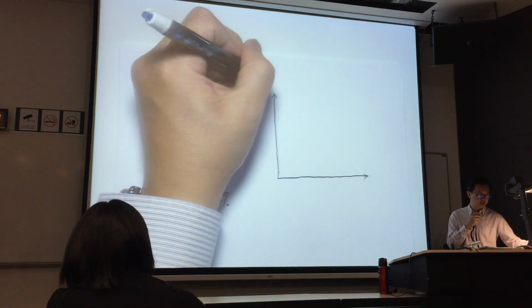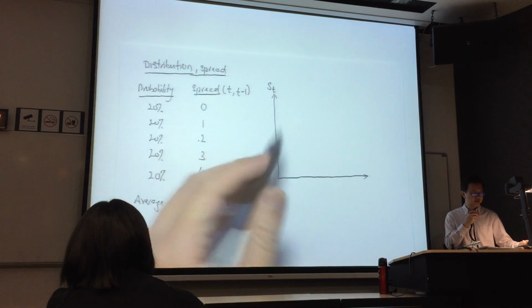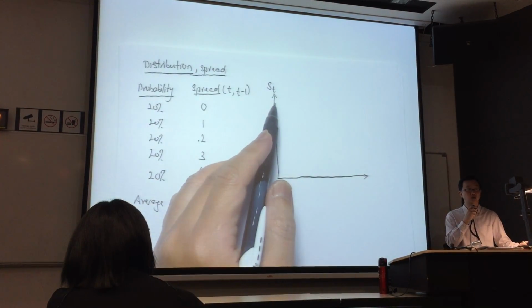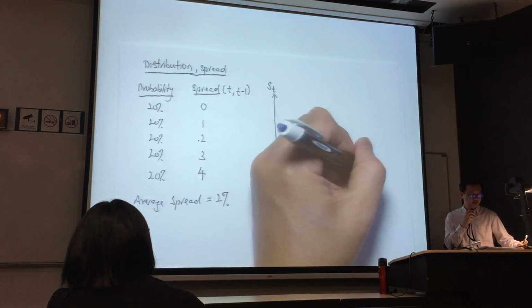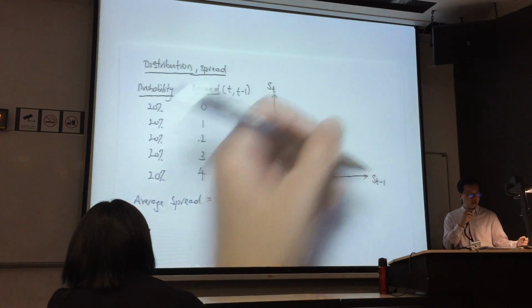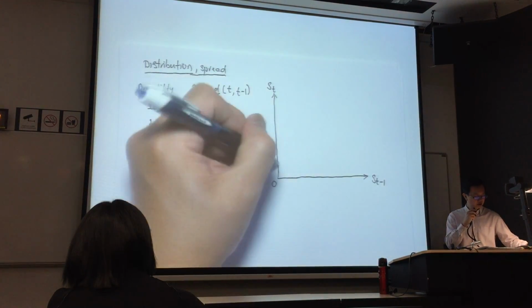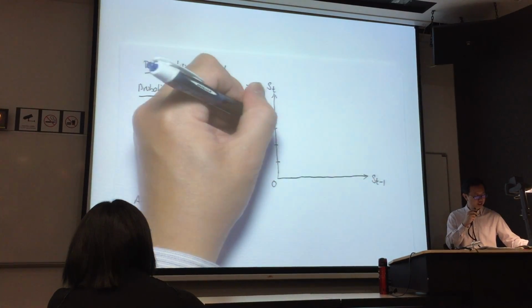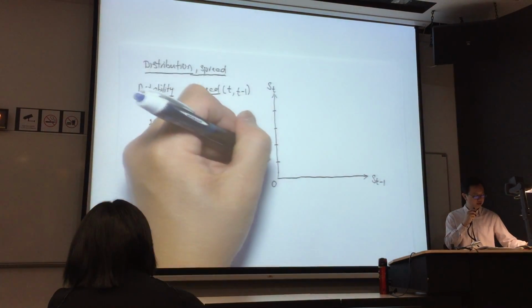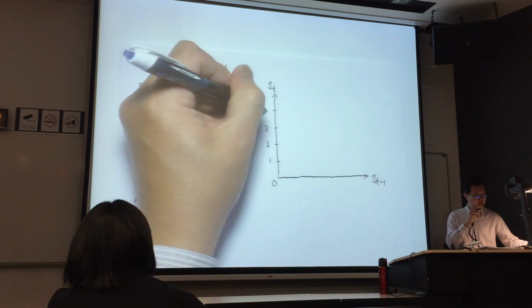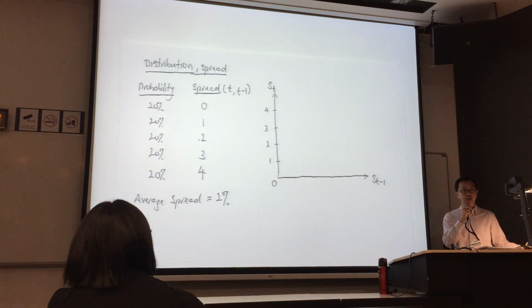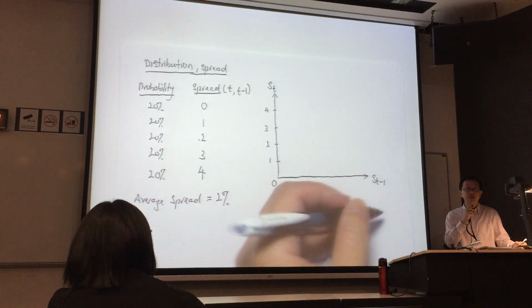So we have the spread at time t plotted on the y-axis, right, and t minus 1 on the x-axis. So the spread could be 0, 1, 2, 3, or 4. This is the possible spread for t. And likewise for t minus 1, right?